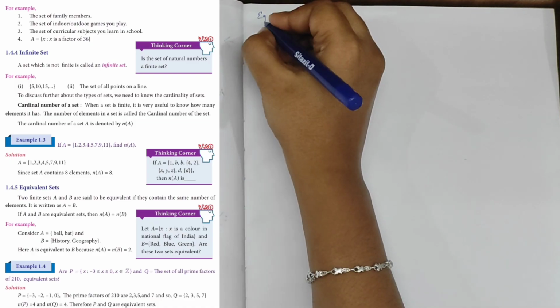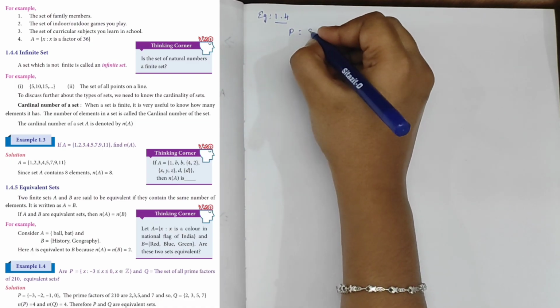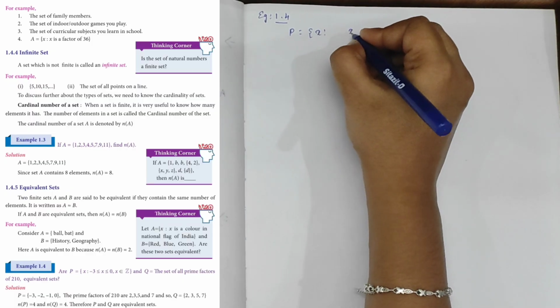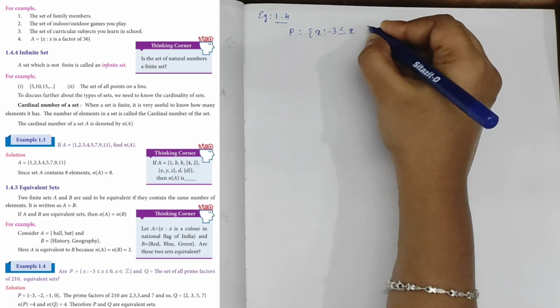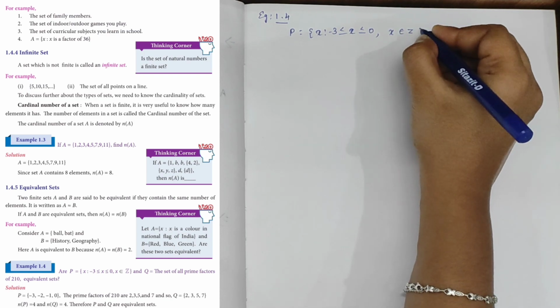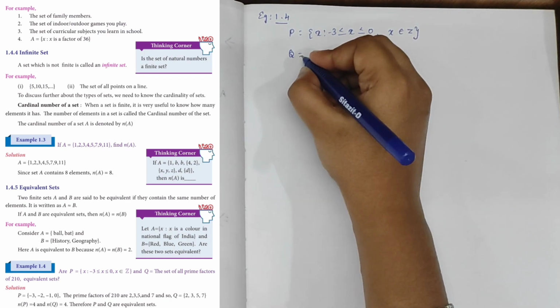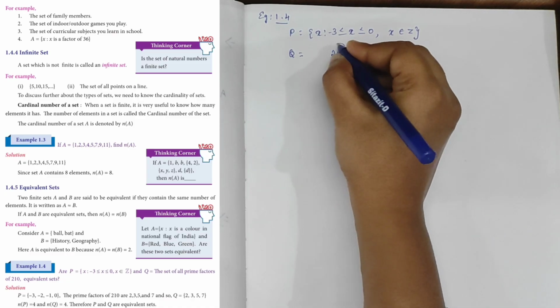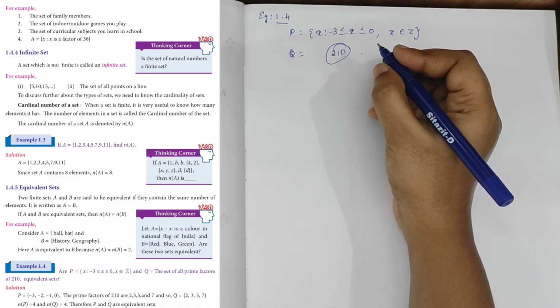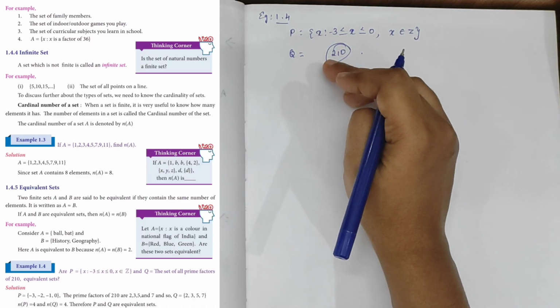Next example, 1.4. P is equal to {x such that -3 ≤ x ≤ 0, x is an element of integers}. Q is equal to the set of all prime factors of 210. So we have to check whether P and Q are equivalent or not.